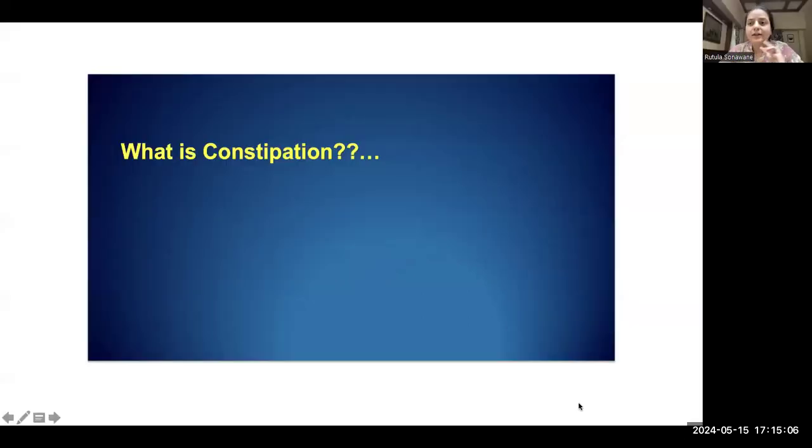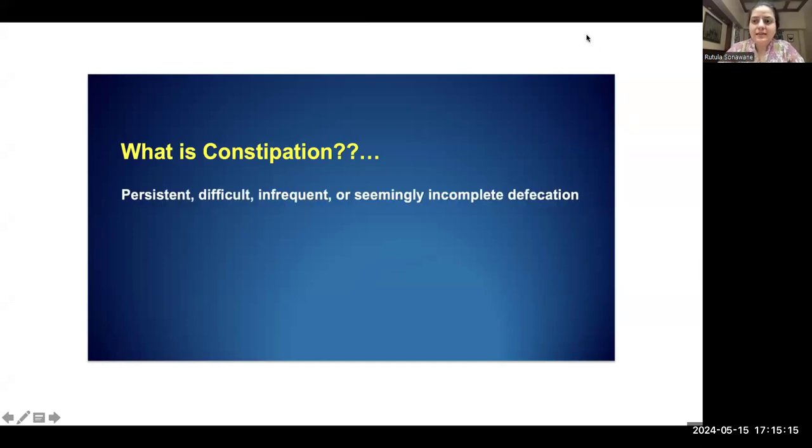Today we'll be covering two major topics, which is constipation and malignant bowel obstruction. So, in general, what is constipation? Constipation is basically infrequent passage of stool. Now, it is persistent, it is difficult, and incomplete in nature. So it might be that they are passing stools every day, but it is not complete.